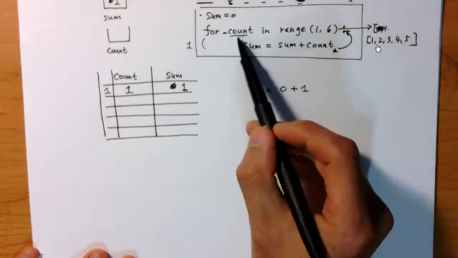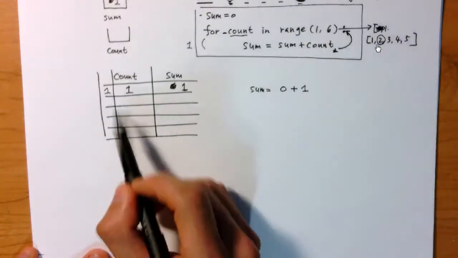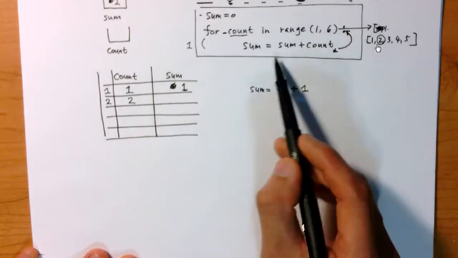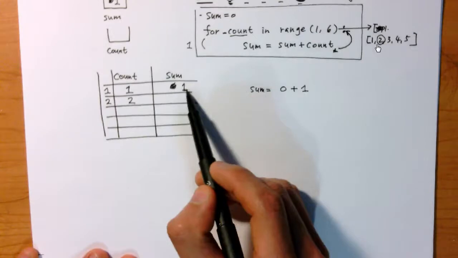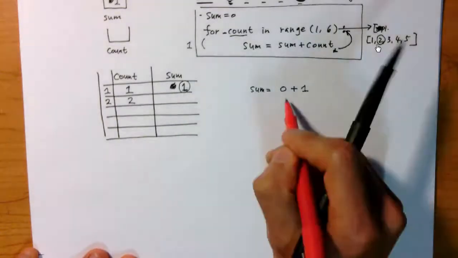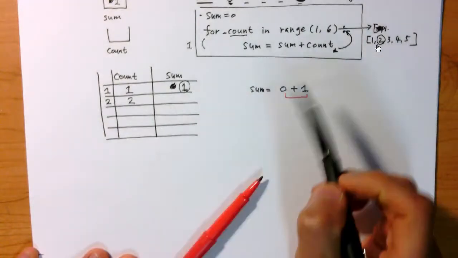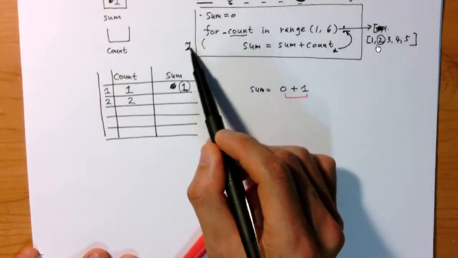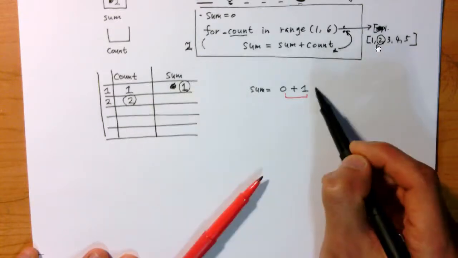And then now my count becomes 2, right? In the second iteration, my count is 2. And then the previous sum value is what? It is 1, right? But my count at this iteration is 2, so I'm adding 2.